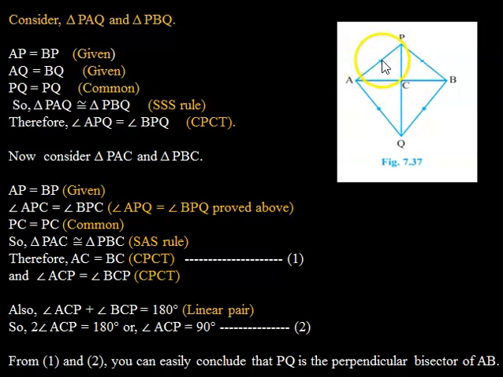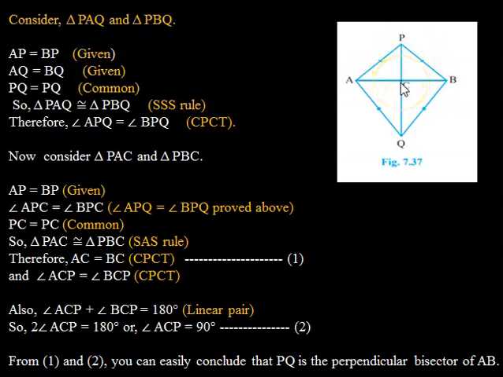In this, you can see that PA equals PB and PC is common, and we have just proved that APQ, which can also be written as APC, is equal to angle BPC.